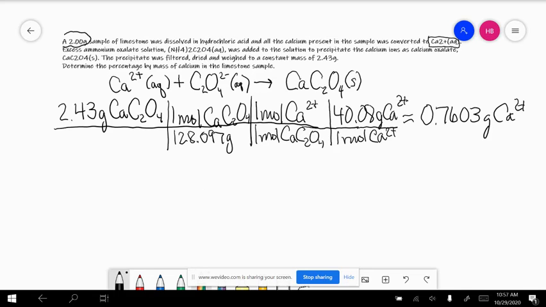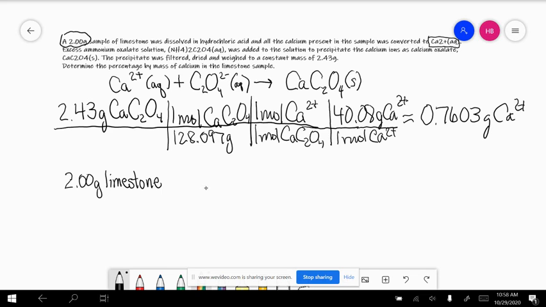Now, in order to get to the percent, I'm going to say my sample, which was 2 grams, had calcium in it and some other stuff. Limestone, again, does not have a consistent makeup. It's a variable makeup, meaning it could be different from sample to sample.